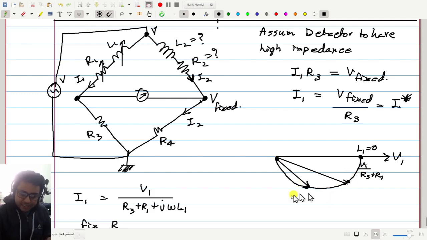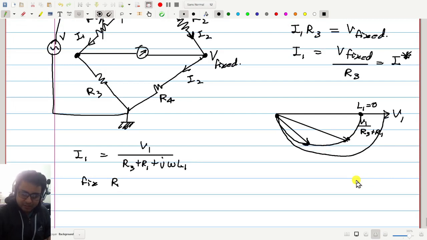In the same way, if you start with a different value of R1 and change L1, then you will move along a different path like this. So these are the different paths for different values of R and changing L.